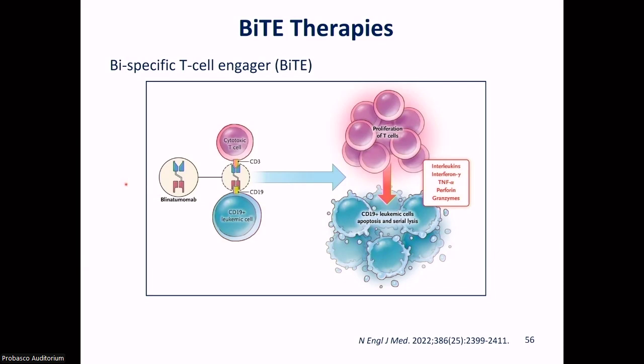What this does is it binds to your T cells at CD3, and then it binds to the leukemic cell at CD19 and forces them to interact. So the T cell is being forced to recognize this antigen. And that's what causes the proliferation and activation of all of these cytokines to then start fighting the malignancy. But what you can see is that this causes significant immune overactivation.